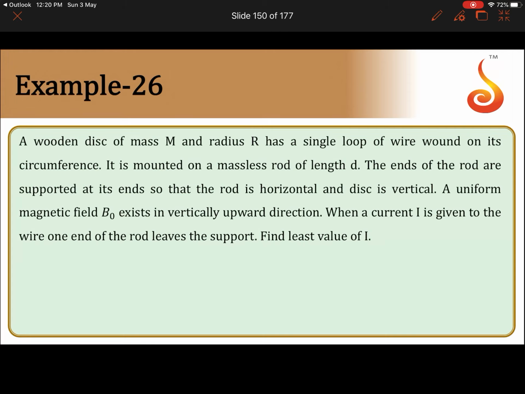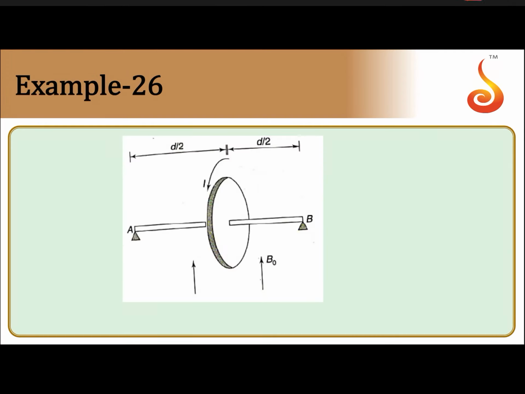It is mounted on a massless rod of length d. Ends of the rod are supported so that rod is horizontal, disc is vertical. Uniform field B naught exists in vertically upward direction. When a current I is given to the wire, one end of the rod leaves the support. Find the least value of I. So this is the situation.